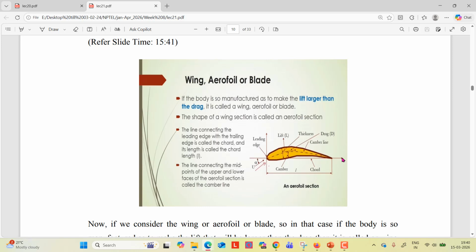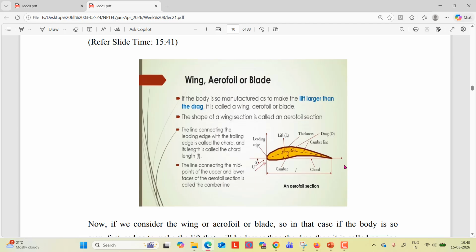In the normal direction, the area is very less, so it is mostly controlled by the lift. Lift is larger than the drag. It is called wing or aerofoil or blade.